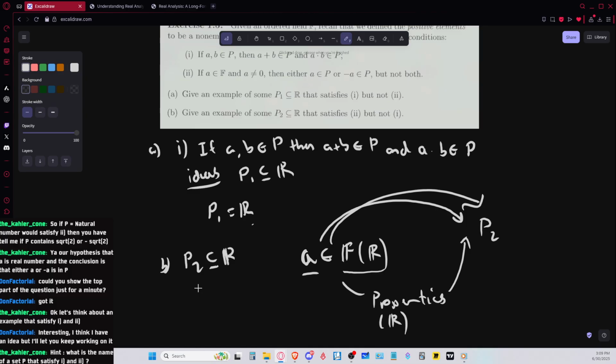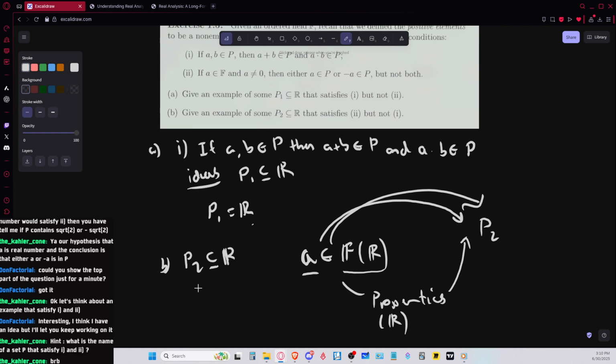What is the name of the set that satisfies 1 and 2? That's what I'm thinking about now. That's why I keep going back to A, because we got that right. Because it cannot be both, because it says not both. It's either A or negative A.